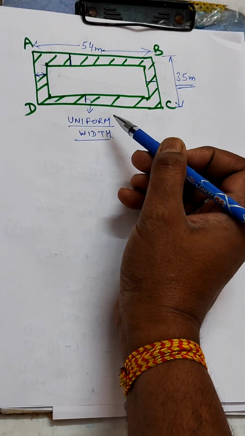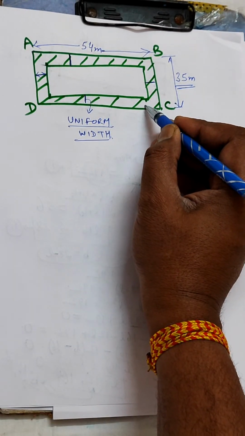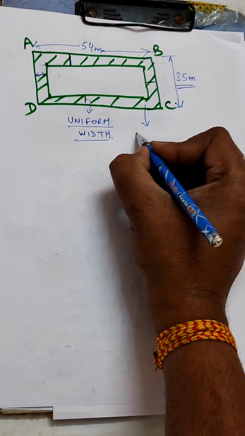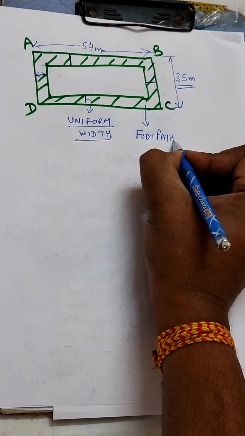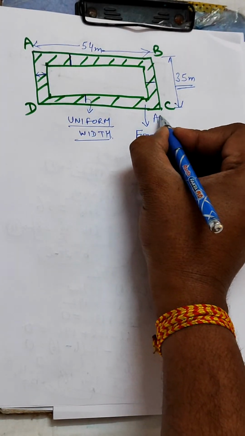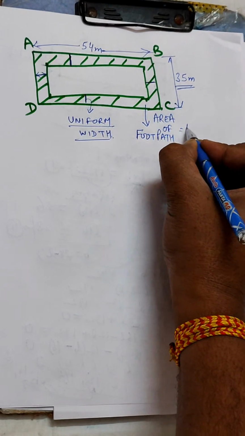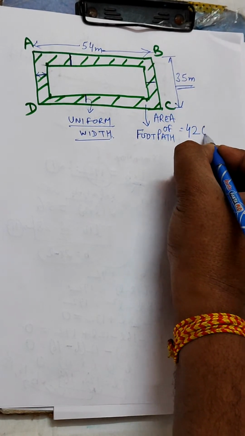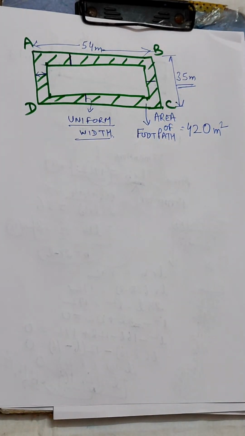Now, if the area of the path is 420 meter square, so the area of the footpath is given as 420 meter square, right? Now what we need to find: if the area of the footpath is 420 meter square, find the width of the path.